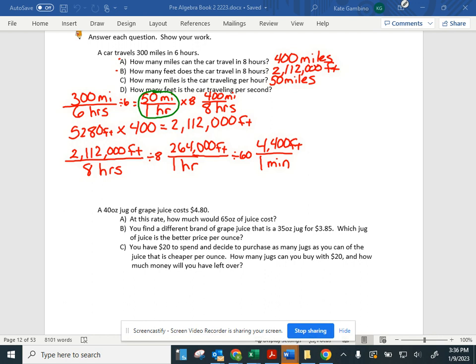Now I need to go from minutes down to seconds. So I'm going to divide by 60 again to see how many I get in 1 second. So 4,400 feet divided by 60 gives me 73.3 repeating. It goes on and on and on. 73.3 repeating feet every second.